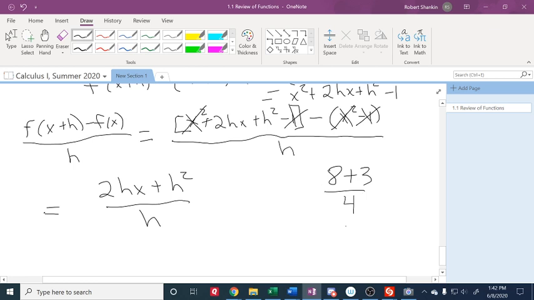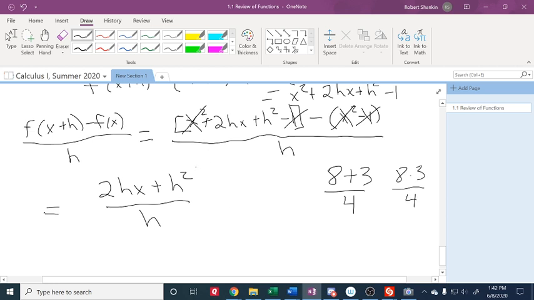The answer is no. This 4 would have to divide into both of these. If it was 8 times 3 divided by 4, then I could cancel these.